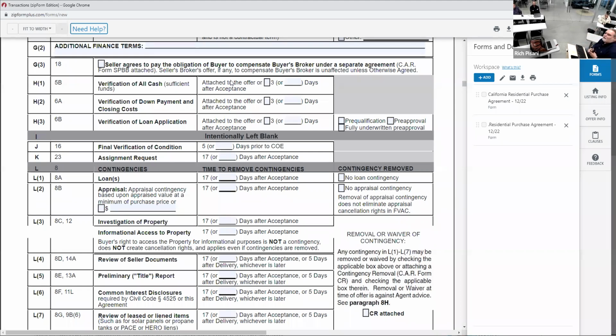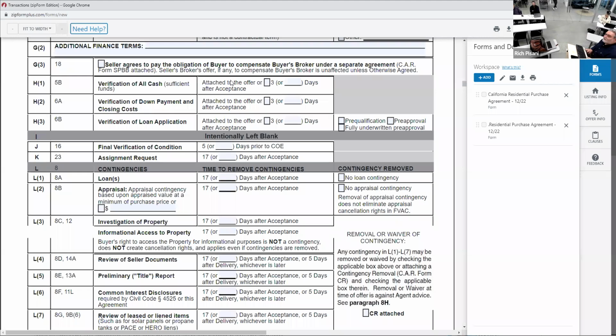There are some companies that will do a full underwriting, but most times you're going to get a pre-approval. Final verification of condition: it's in the contract that 5 days prior, and it defaults to 5 days prior to close of escrow, you're going to go in and do a final verification of the condition.